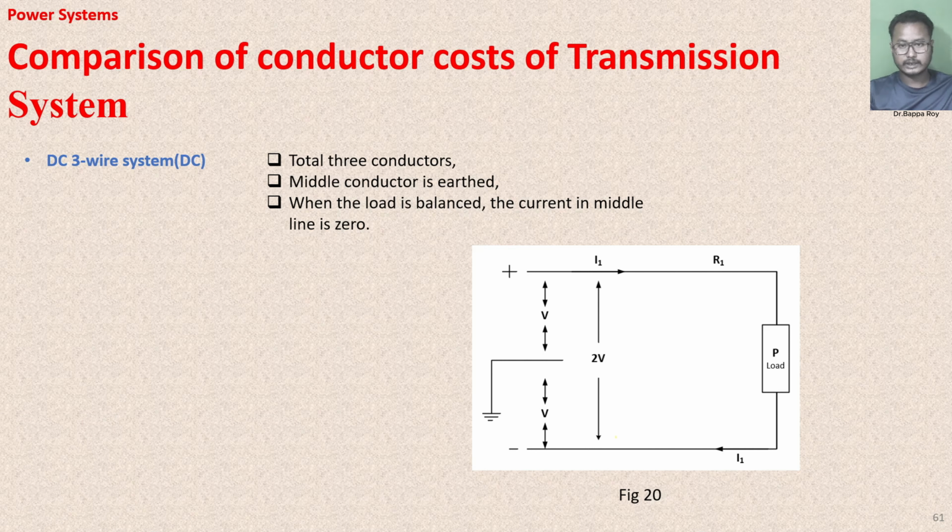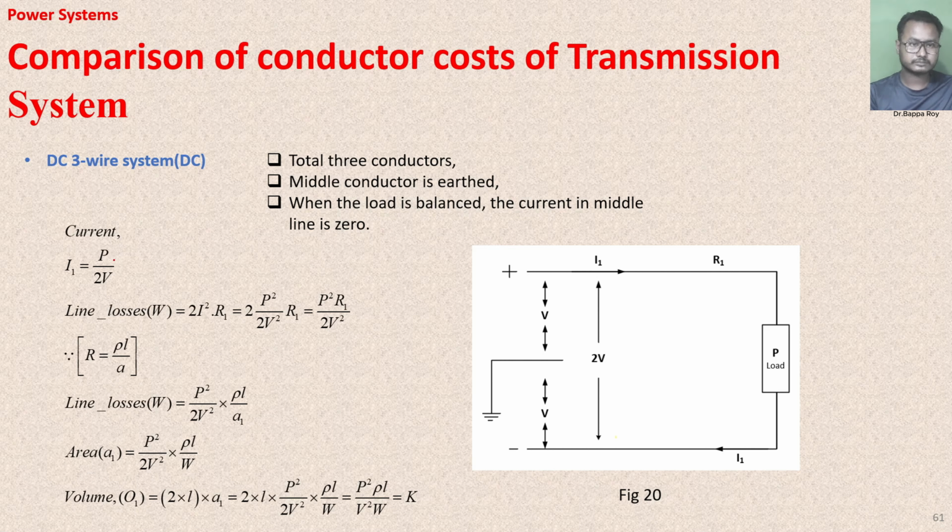Now let's go to the calculation. Suppose current I1 is passing through this conductor. The current will be P by 2V. Why 2V here?